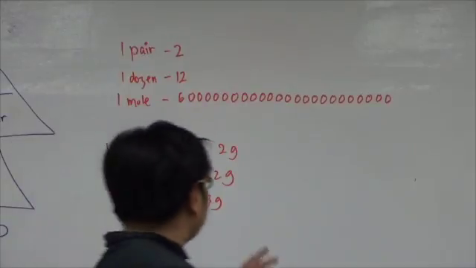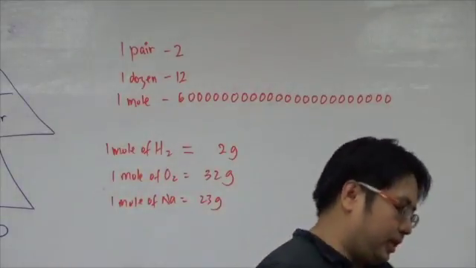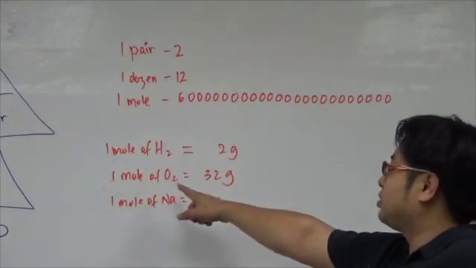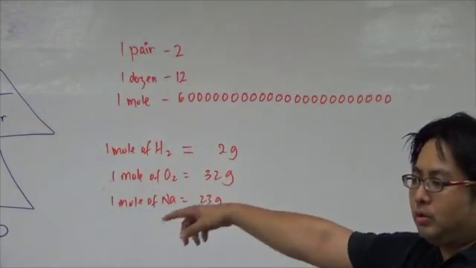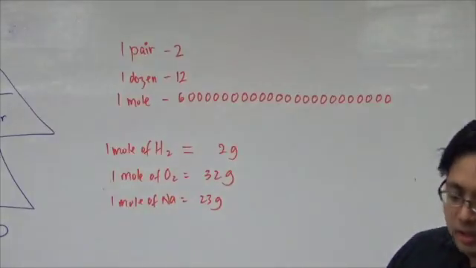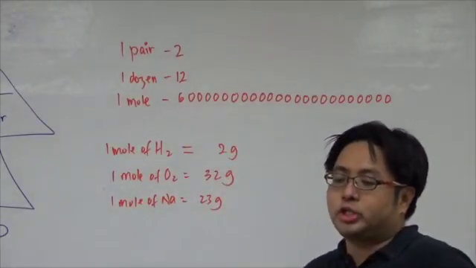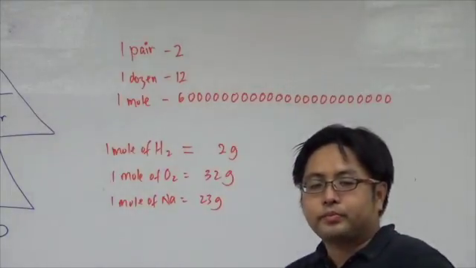Can you all see what's so special about this when I say 1 mole of hydrogen gas is 2 grams, 1 mole of oxygen gas is 32, 1 mole of sodium is 23 grams? So where does this number come from? Check from your periodic tables.